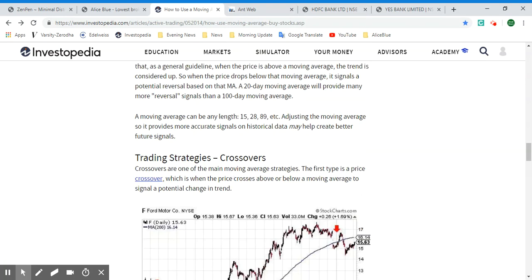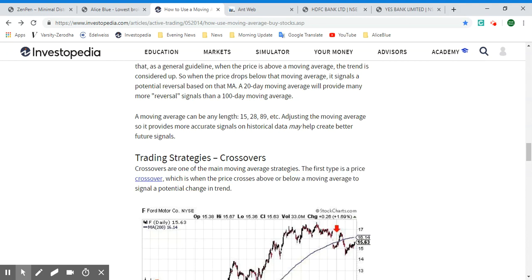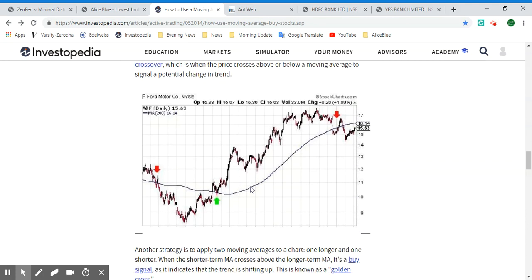So let's look at some strategies. First are the crossover moving average strategies. The first type is the price crossover, when the price crosses above or below a moving average to signal a potential change in the trend. As we can see in this example, when the candlestick chart goes below the moving average line, this is a sell signal.